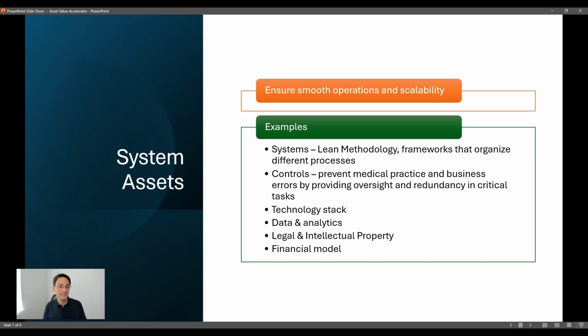Your technology stack is also a system asset. It's very important that you have a good EMR that allows you to have a lot of order sets and to do a lot of things with your data, measure it, even often. What you measure, you can improve.